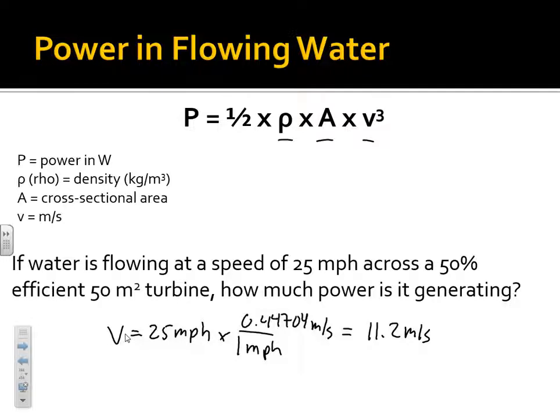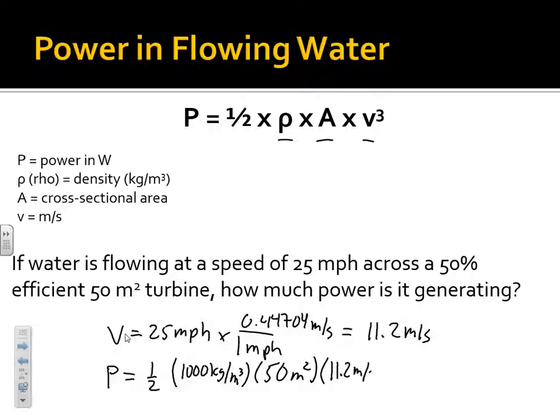So power then is 1/2 times the density of water, which is 1,000 kilograms per cubic meter, which we know from before, times our cross-sectional area, given as 50 square meters, times our velocity, 11.2 meters per second, and we're cubing that whole thing.